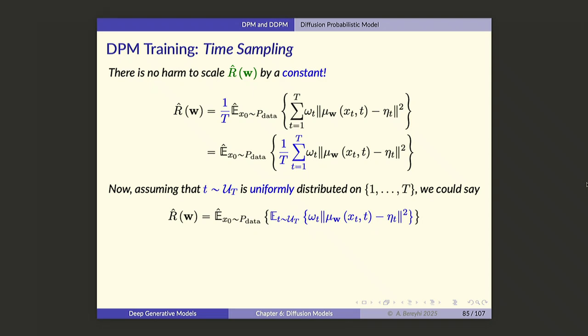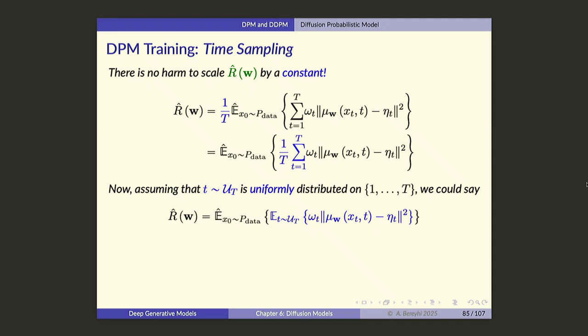This means that the chance of every single time happening is 1 over t, right? If I want to just compute the expectation of this term under the summation with respect to t, what would it be? It's going to be summation for all t's divided by t, right?